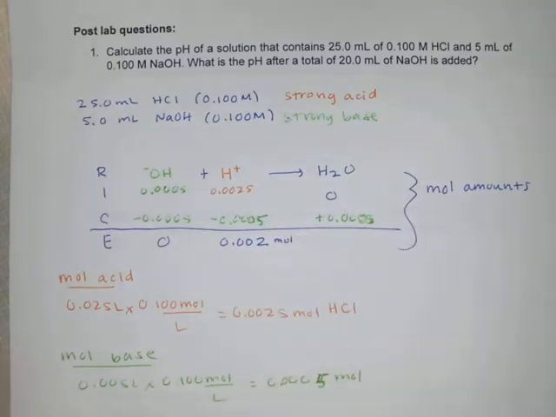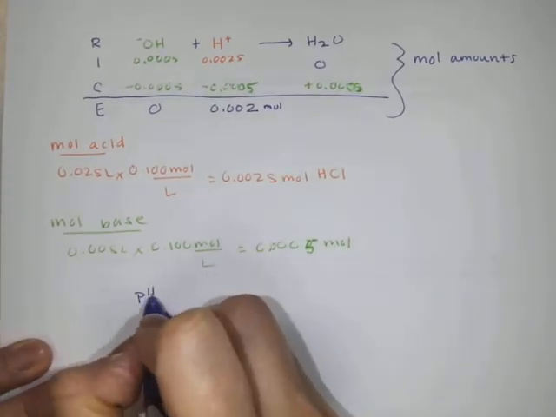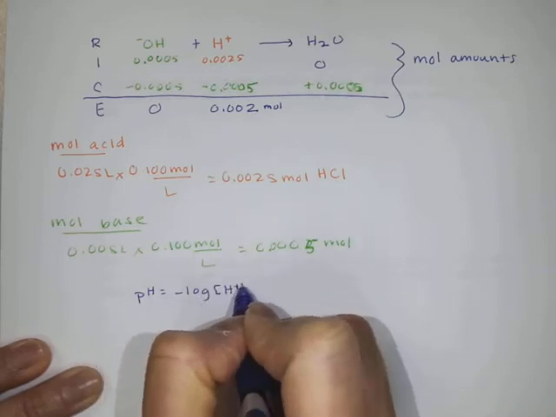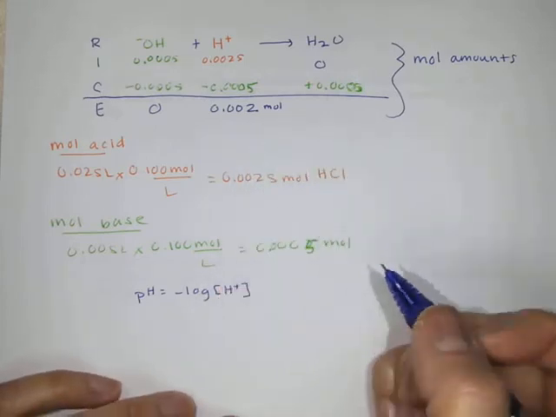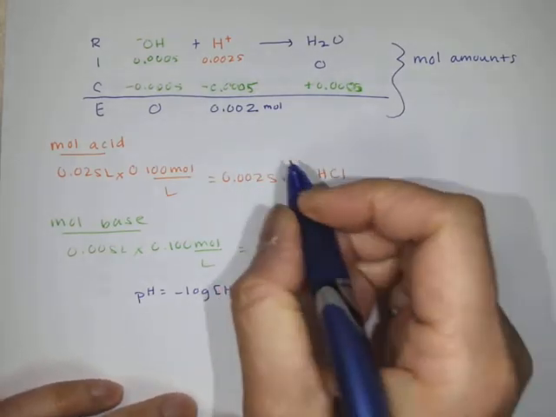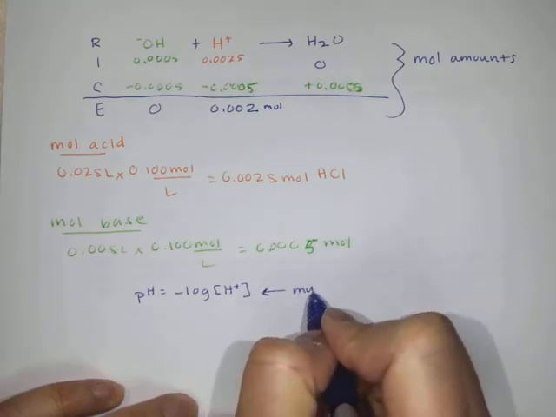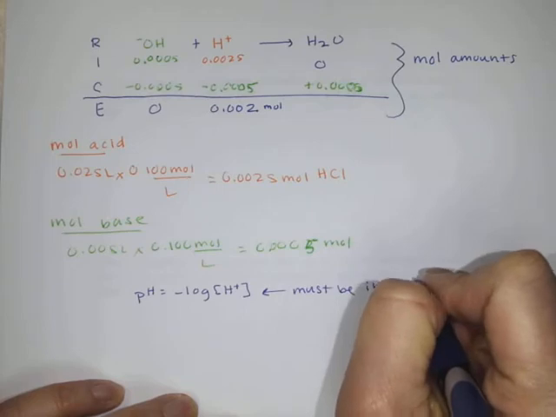So if you remember, pH equals the negative log of H plus. Here we have the moles of H plus. So H plus equals moles. This has to be in concentration, or moles per liter.